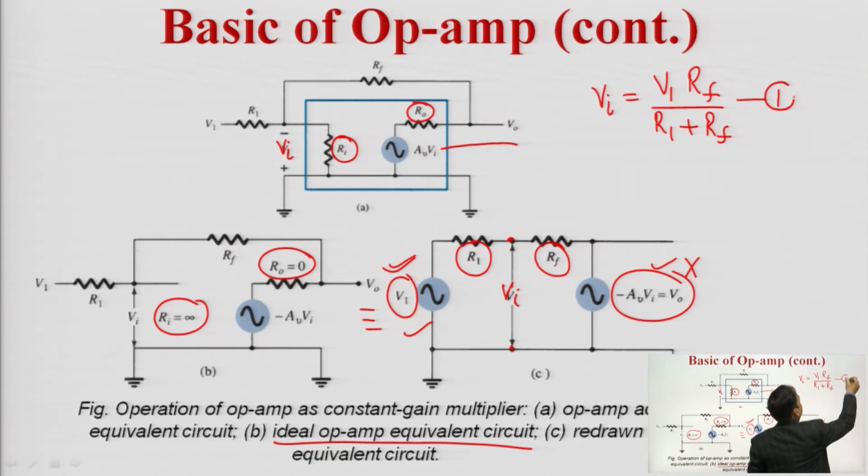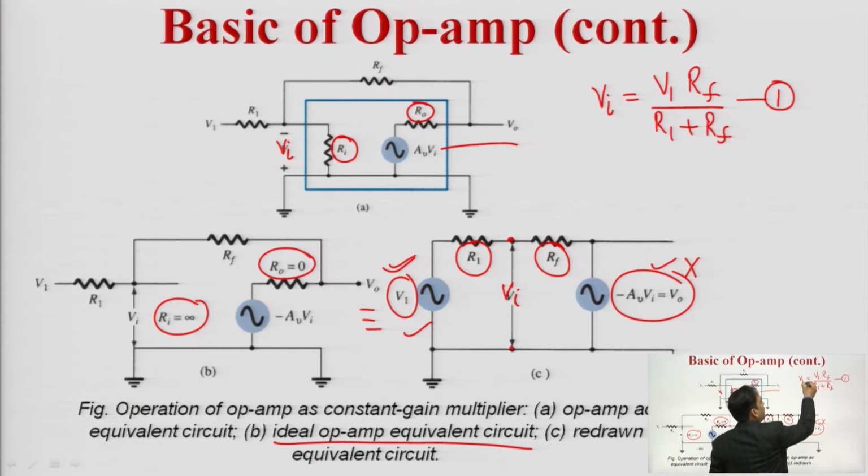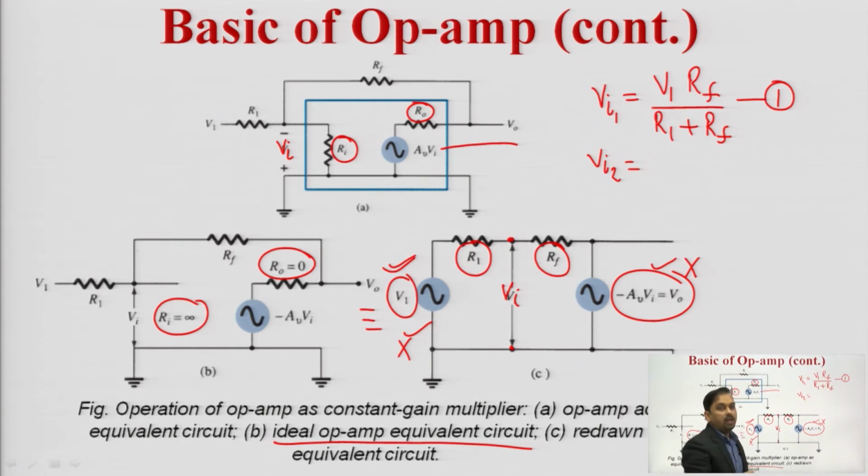Let us say this is the first equation, Vi1, because we are considering the first source. Now, considering the second source, we have the response Vi2. We suppress the input source V1 and utilize minus AV times Vi.